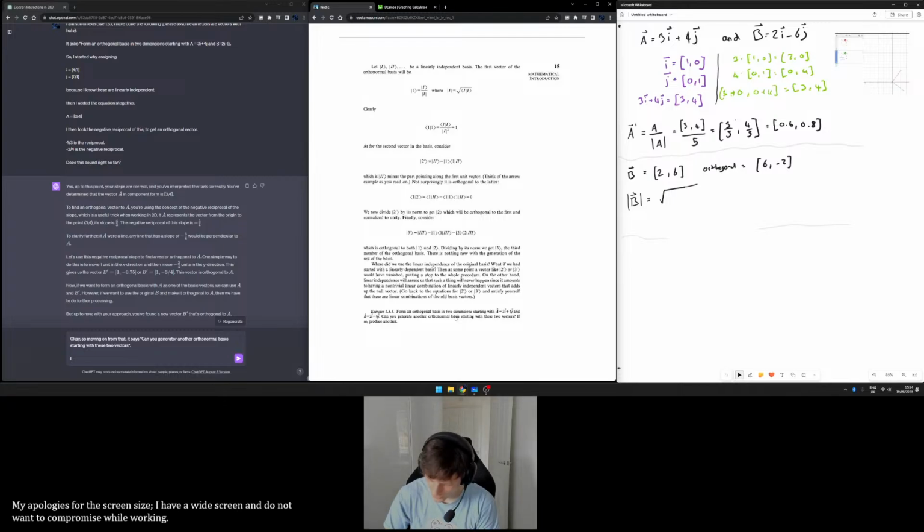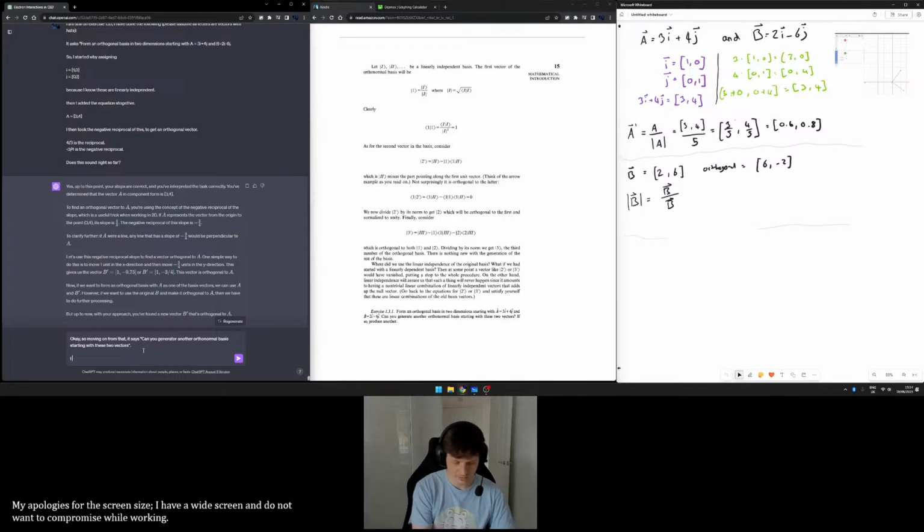Okay, so we just say the normal of this is b divided by its norm. I calculated, but it says from the two, can you generate another orthogonal basis starting with these two vectors?